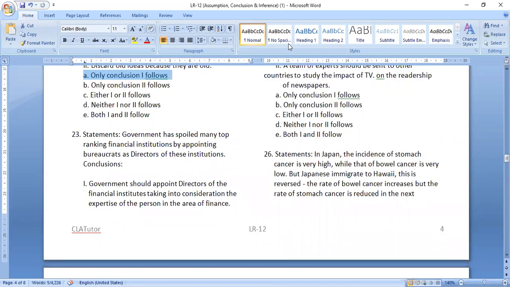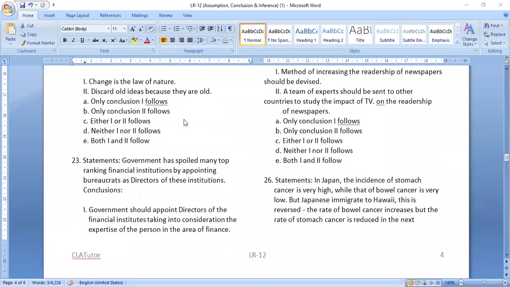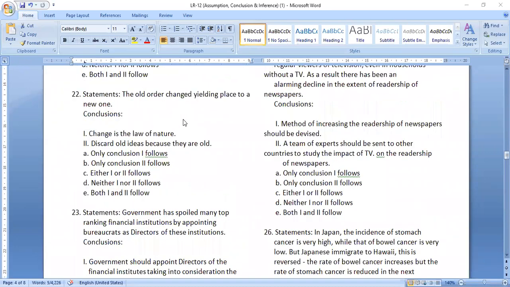Sir, aren't we extrapolating the statement a little too much? I don't think there's a lot of extrapolation because see, the order could mean so many things. It could mean a set of rules, or it could be something very simple.